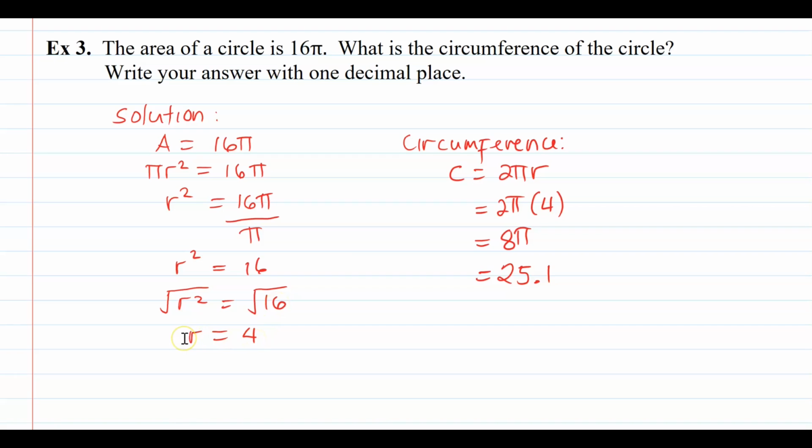So therefore, the radius r is equal to 4. Now to calculate the circumference, our circumference C is equal to 2 pi r, replacing r with 4, and that gives us 2 times pi times 4, or 8 pi, and we multiply 8 times pi, that will give us 25.1 units.